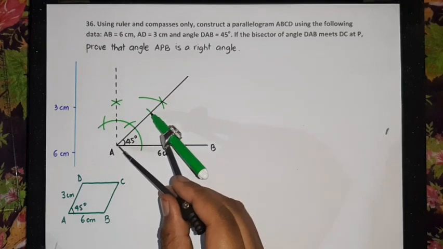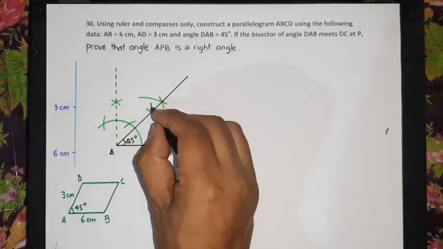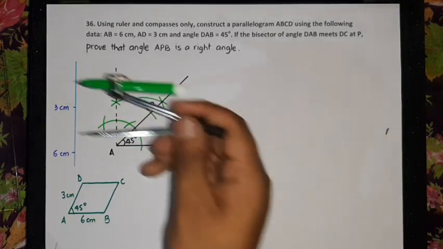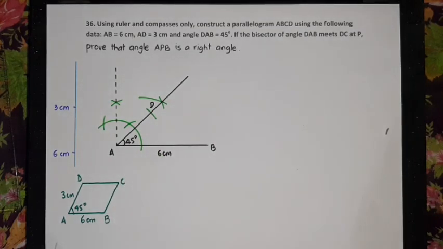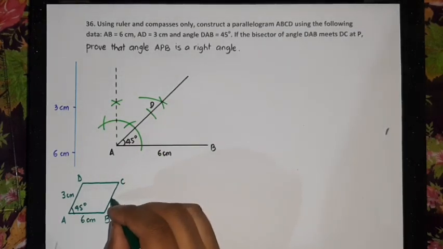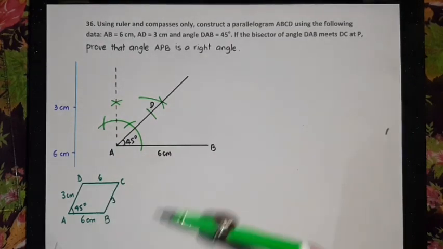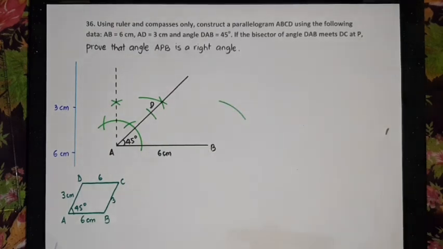Now this is exactly 3 cm, so this point of intersection will be my point D. Now again I have not changed the radius, it's still 3 cm. From B also I have to take 3 cm, because if this is 3, this is also 3, and if this is 6, this is also going to be 6. So from B also I'll take an arc this way.